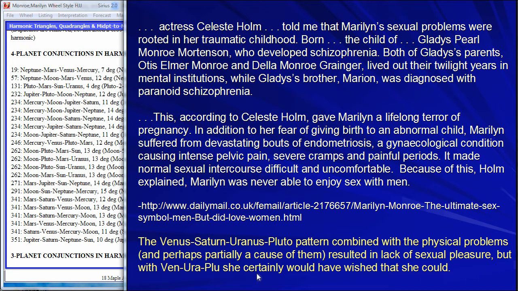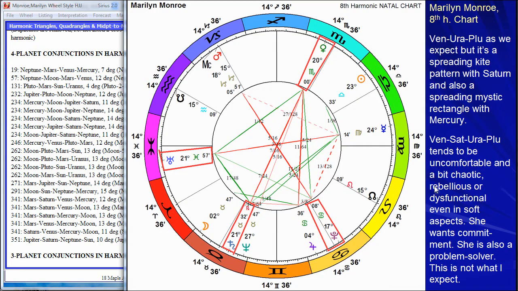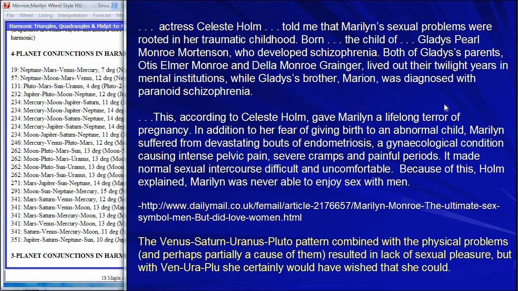But with Venus, Uranus, Pluto, she certainly would have wished that she could. So we know she wanted that sexual pleasure with Venus, Uranus, Pluto. And she flaunted it. Some of this flaunting of sexual power is probably partly her need for it and her inability to get satisfaction due to the physiological problems that she has.